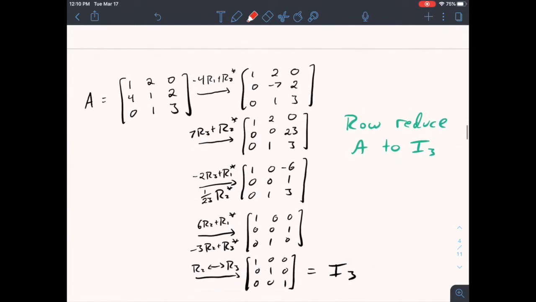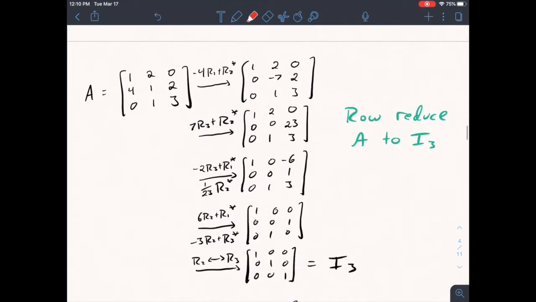So right here with A, I have a pivot in the first row and in the second row. So I'm going to use the 1 in the first row to zero out the 4 in the second row. So I'll just do -4 times row 1, add it to row 2, make that entry a 0. Now we see that our first column is all good.